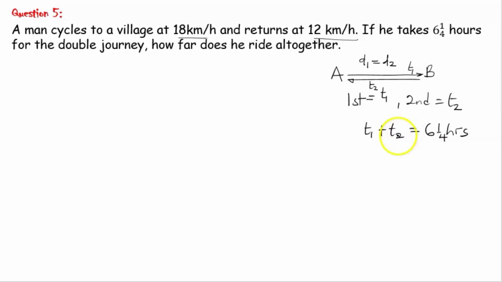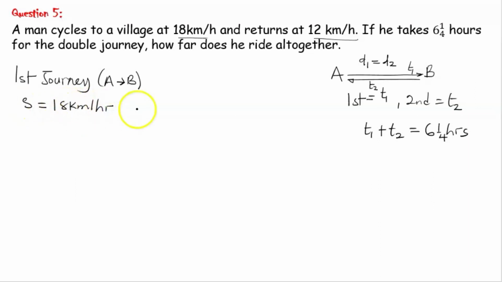All right. Now, having done this, let's look at some of the things that we have. For the first journey, as he journeys from A to B, we are told the speed, denoted by S, to be 18 km per hour.